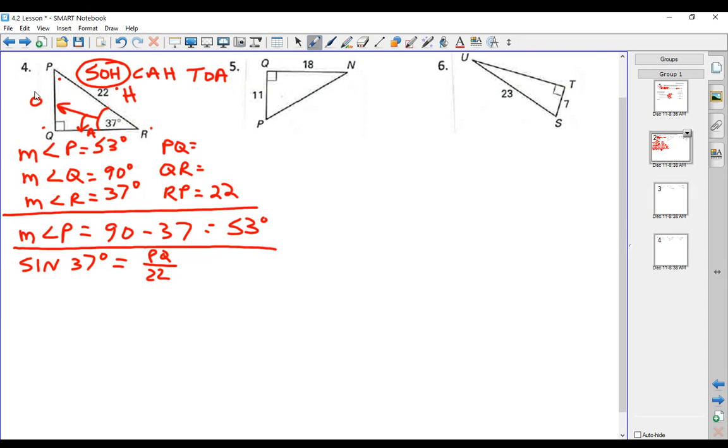Remember, what you want to do here to get the PQ by itself is multiply both sides by 22. And when you use a scientific calculator that's set on the degree mode, the answer comes out to be 13.2 for PQ.